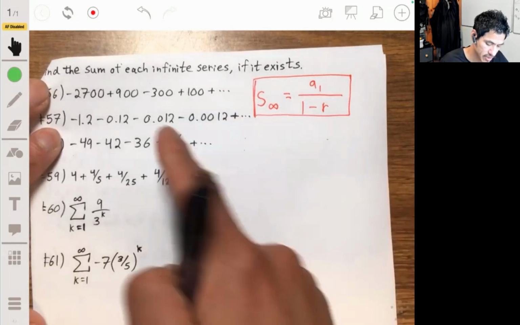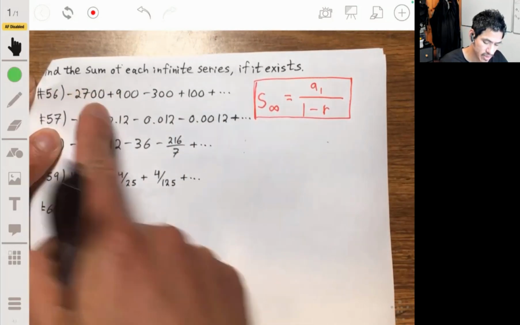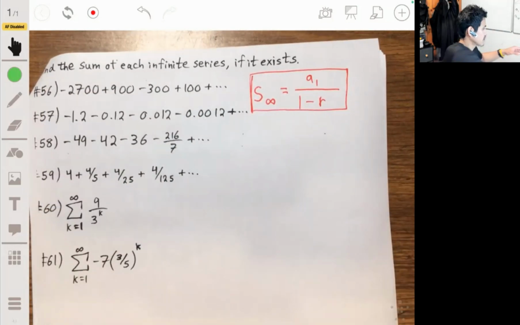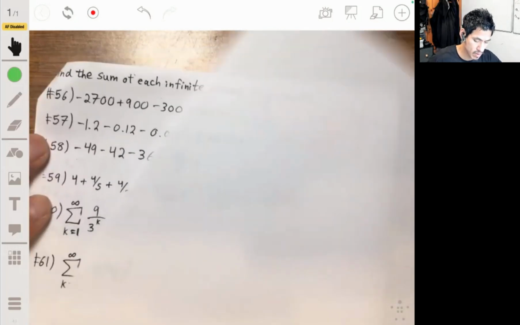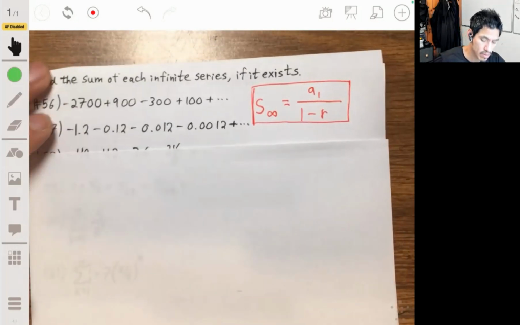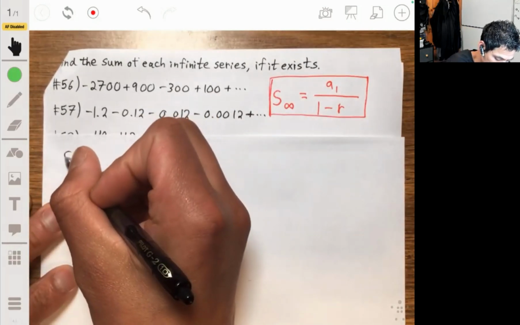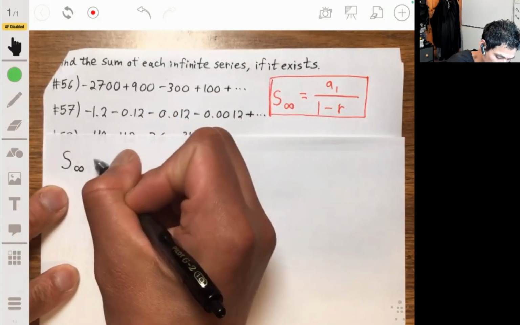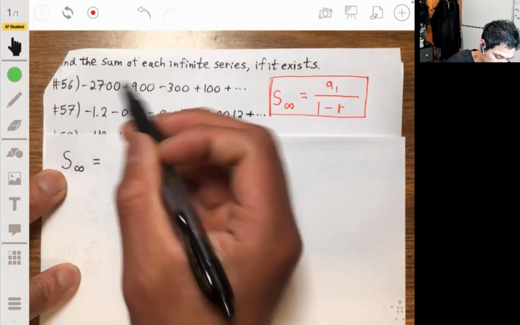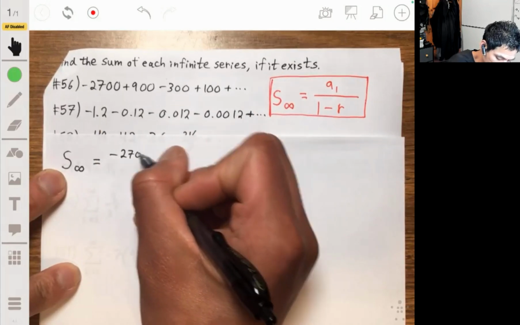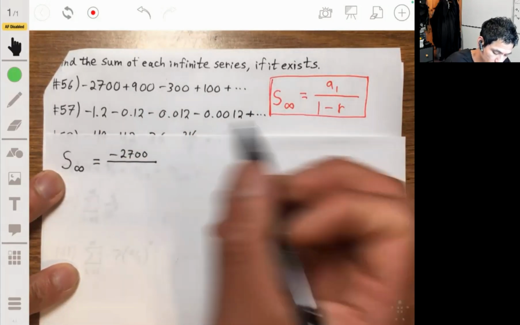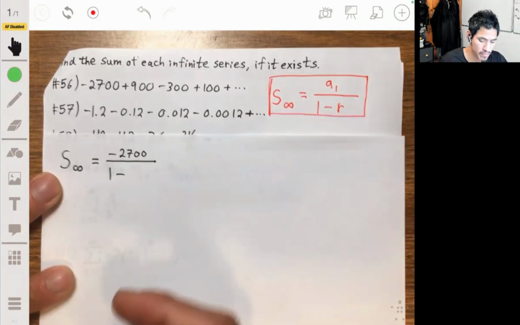Okay, so let's get through this. Let's look at the first one. Here we got, let me grab some scratch paper. S sub infinity will be A1, which is negative 2700, over 1 minus r.